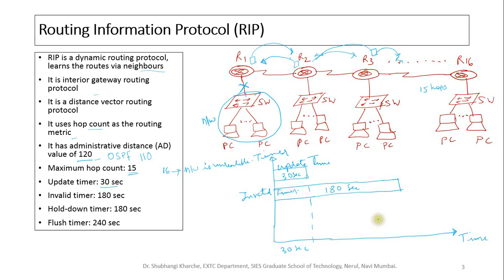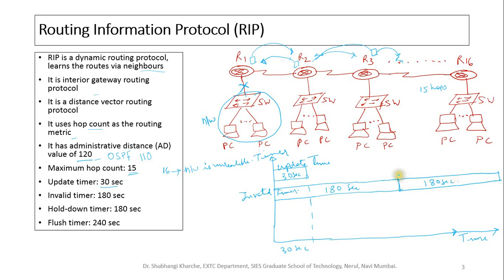Now once the route is defined invalid, the routers hold down for another 180 seconds, during which the routers will neglect any new update for the failed route.